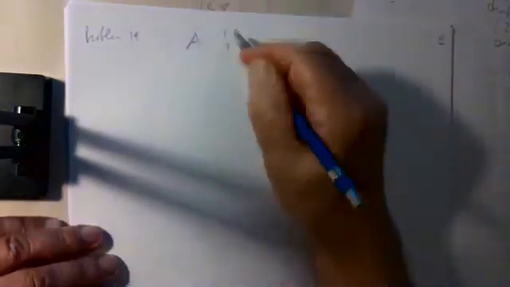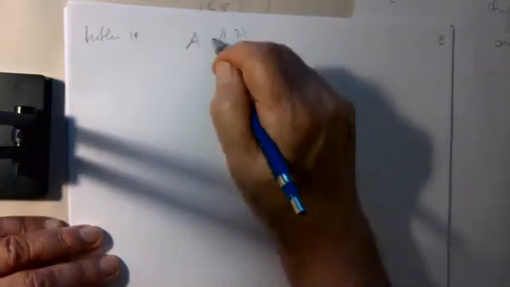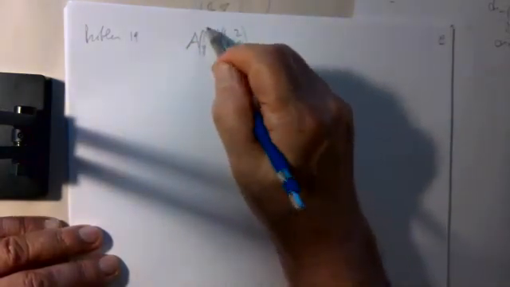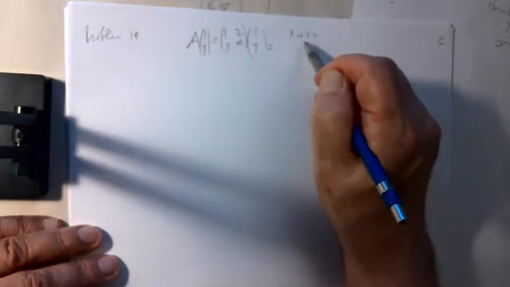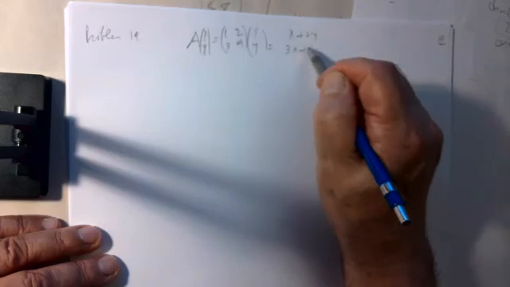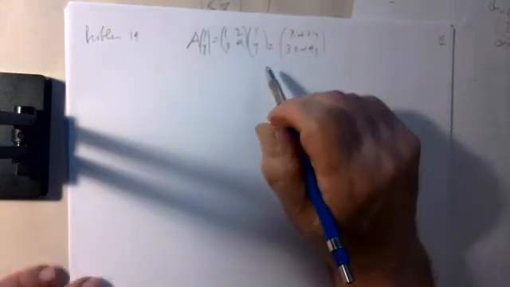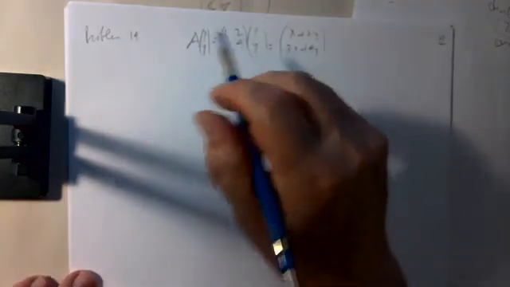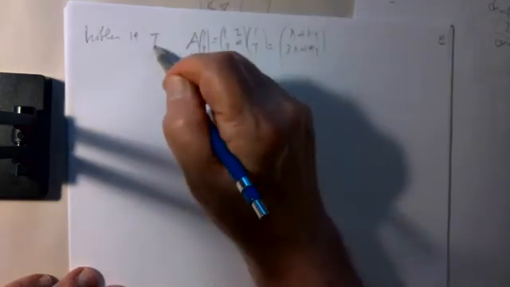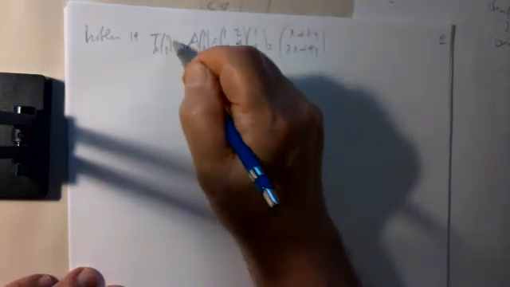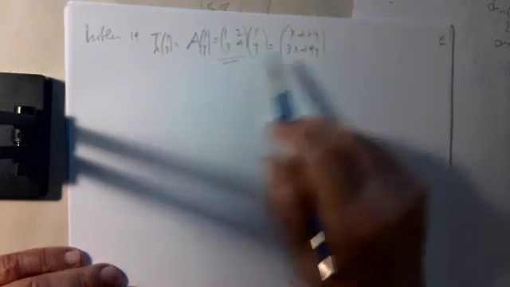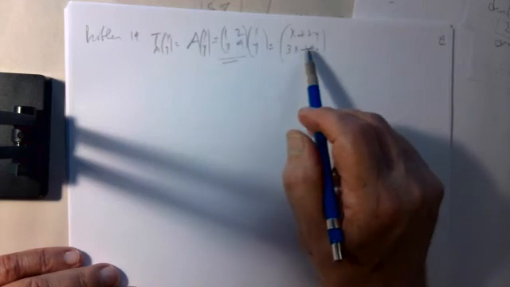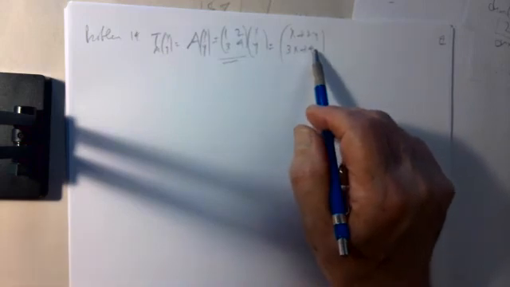And if I multiply this by the vector (x, y), I get (x plus 2y, 3x plus 4y). So this is my T sub A of (x, y). It's the linear transformation that comes from this matrix, and applied to a vector (x, y), this is what you get.